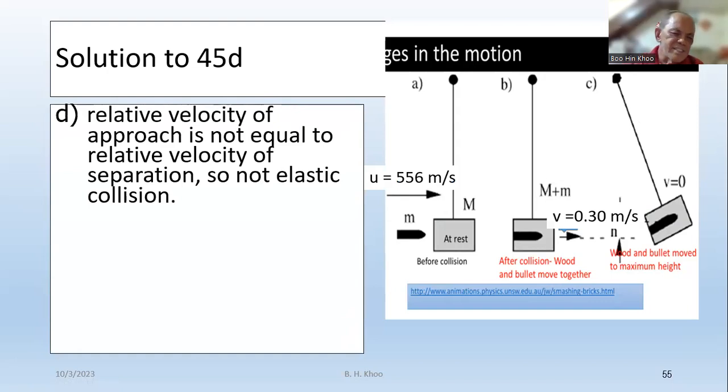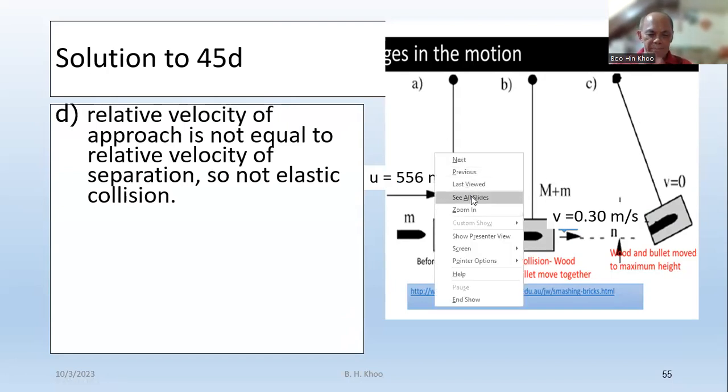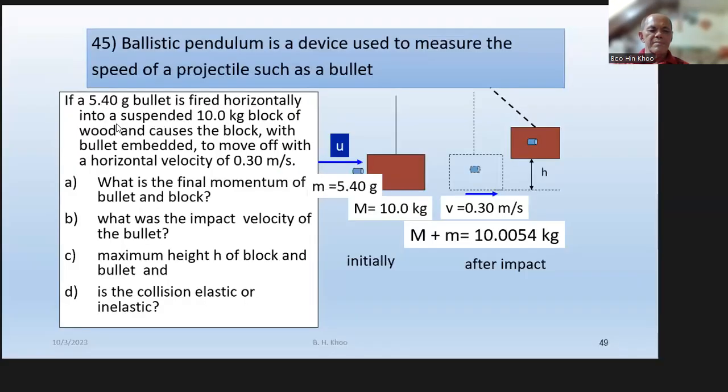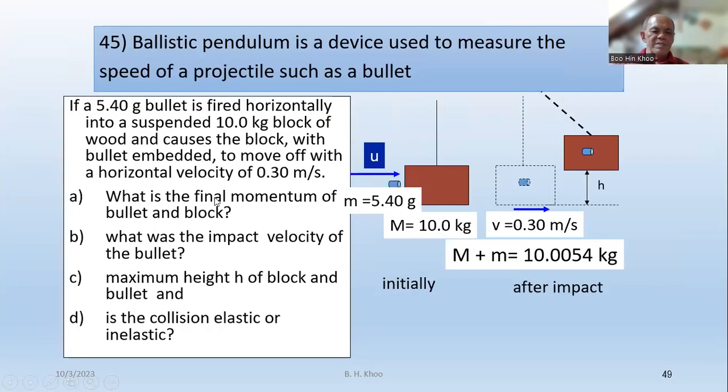Now we are asked whether it's elastic. Let's refer to the question again. We have found the final momentum of the bullet. We have found the impact velocity of the bullet, and the maximum height of the block and the bullet.